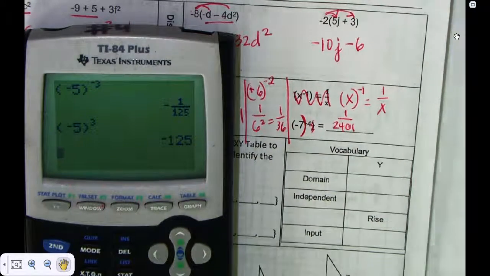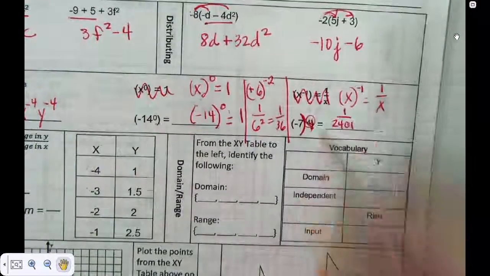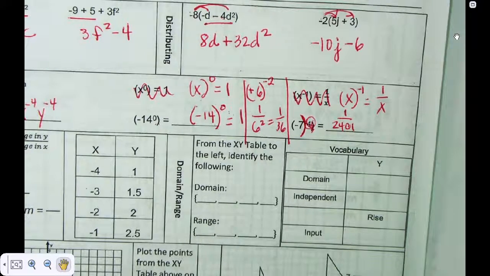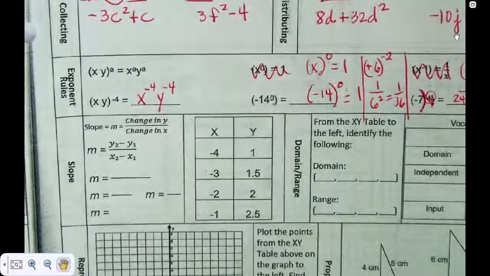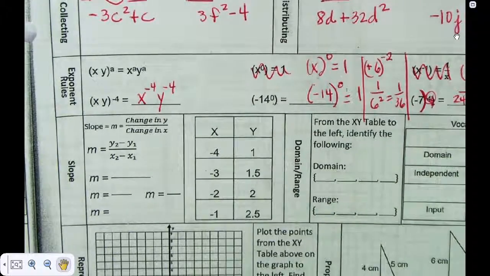We should know that. So that's why this is positive, because that's a 4. 4 is even. So 4 negatives are going to end up being a positive because it's an even number. Okay, does everybody get that? Okay, we're going to keep working on that. That's really algebra. Remember, I'm trying to get you ready for algebra.